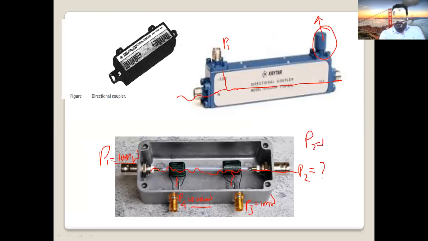P2 will be P1, the input power, minus the power that goes to P3, minus the power that goes in the wrong direction, P4, minus loss, attenuation. That's P2. P2 will be the input power minus what? 2 couplings here, 2 samples. They are diverted into another direction, P3 and P4. P4 must be 0, but there is a small amount here, and loss here.